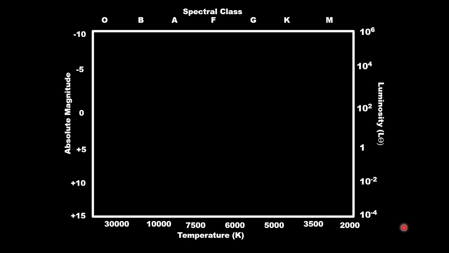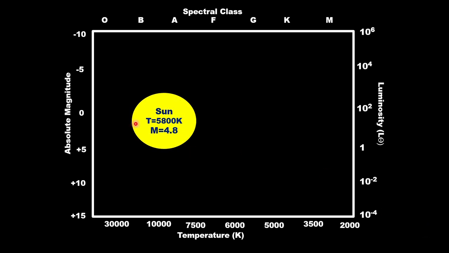They measured distances to stars that were close enough to use parallax. From that, they could determine the absolute magnitude of the stars or their luminosity. Using spectroscopy, they determined the temperature or spectral class of the star, and then they started to graph them.